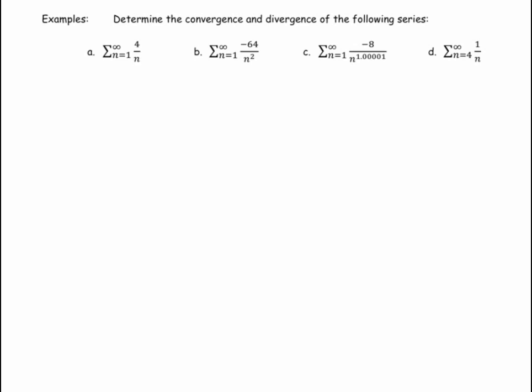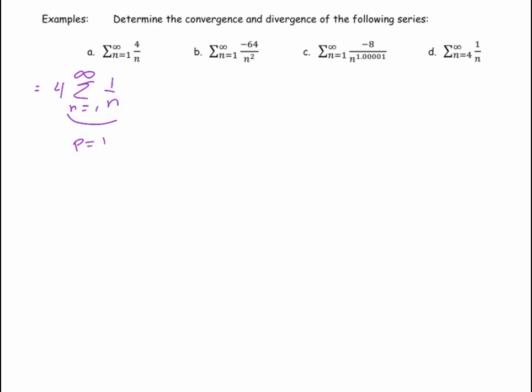Okay, in each of these problems, there's a point I want to make in terms of the things you can assume. So for instance, if we want to determine the convergence or divergence of the series here in part A, one thing you can do is take the 4 out. So that equals 4 times this infinite series. And we've already seen that that's the harmonic series which diverges, but if we treat it as a p series, we see that p is equal to 1.